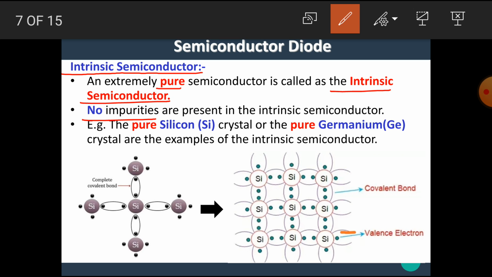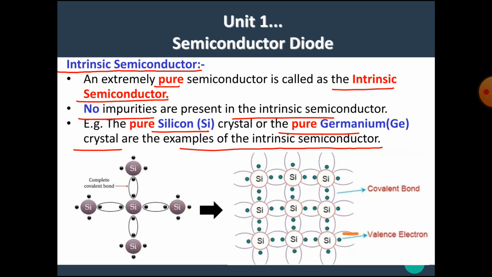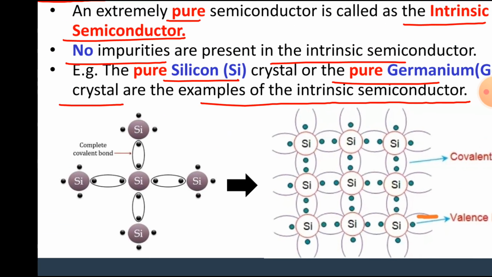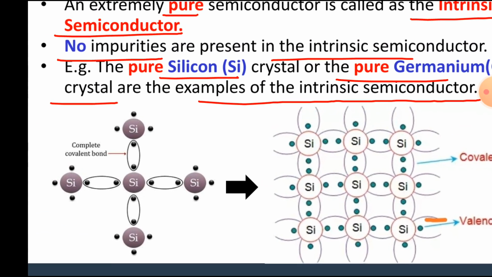No impurities are present in the intrinsic semiconductor material. For example, pure silicon or pure germanium crystals are examples of the intrinsic semiconductor material. Here is the diagram of the pure silicon crystal. Let's see the diagram.